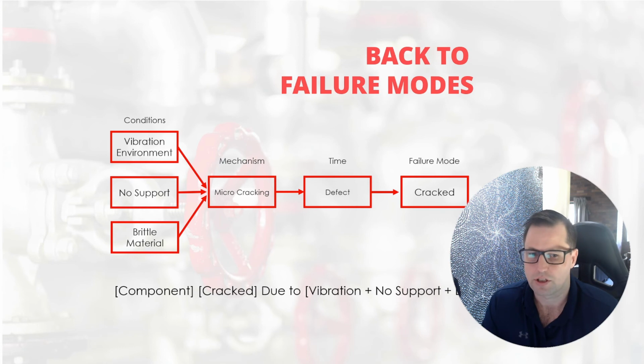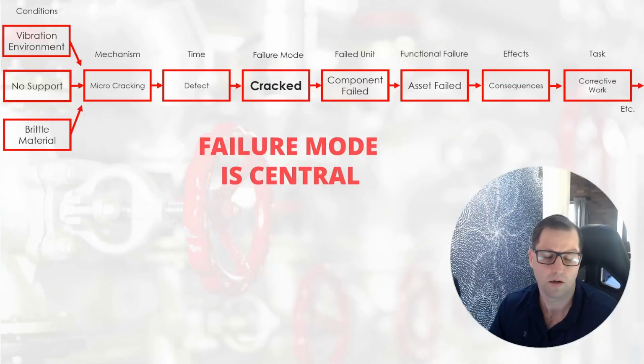If for nothing else, it's just to articulate a bit of a more complex picture and for identifying opportunities for improvement. So in this case, if we took something like vibration causes the cracking, we may miss out on some improvement opportunities like adding in supports or changing the material types and things like that. So you start to see a bit of a merging between root cause analysis thinking and reliability centered maintenance or FMEA and FMECA approaches.